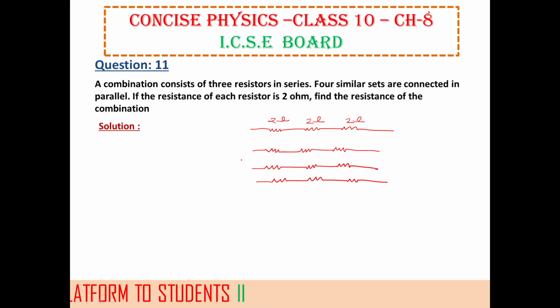In the second sentence it has been mentioned that 4 similar sets are connected in parallel. We know what a parallel connection is. So if I connect these 4 sets in parallel, this will be like this.